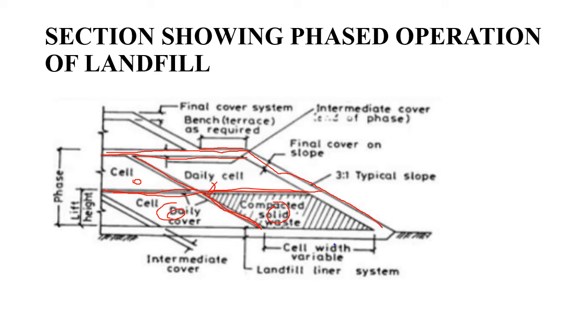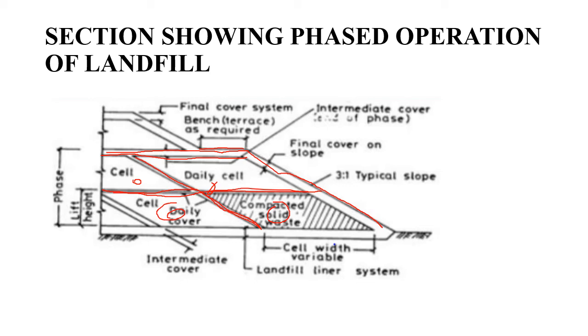Basically, you construct the series of cells, with daily covers added along with the daily volume of material you have received. Finally, once you reach the end of a particular sub area or phase, you seal off the entire thing by providing an intermediate cover.